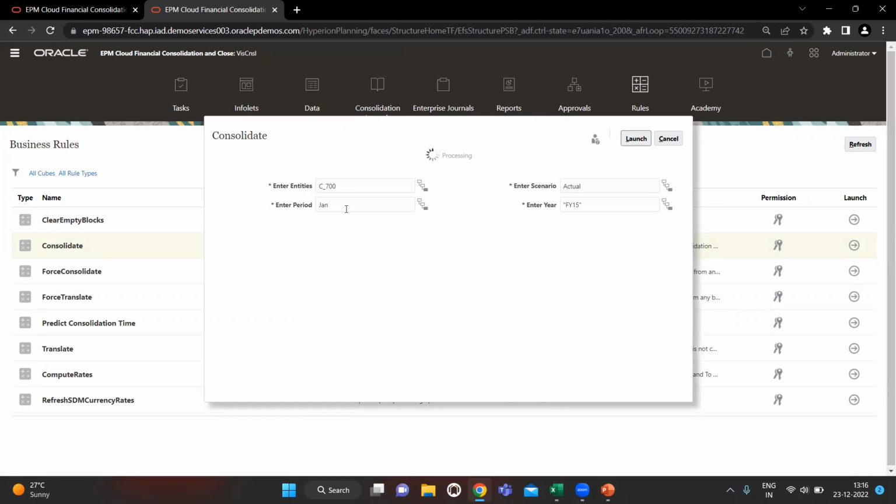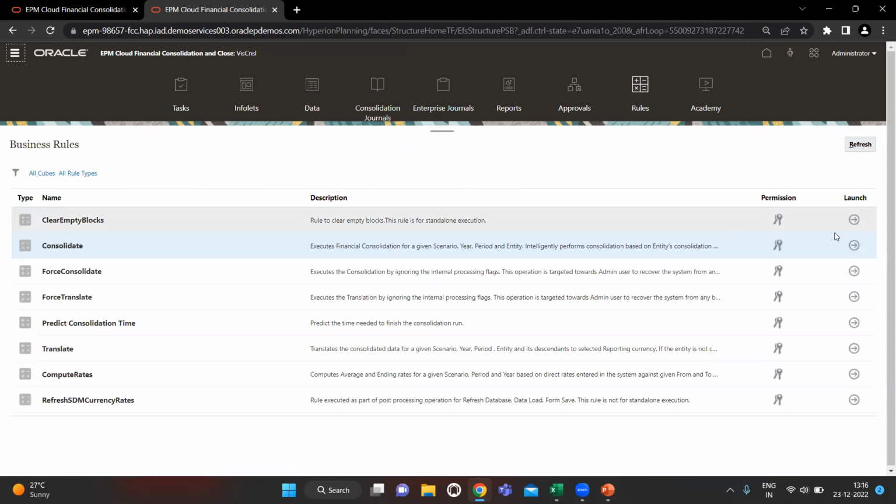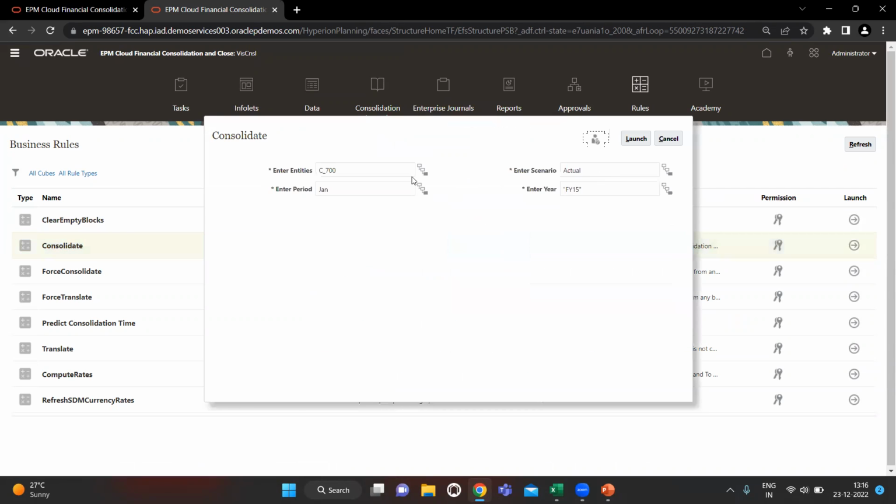Okay, I have to make it for the February period. Let it be, we will change this and put February in this. And scenario is actual. Year is financial year 15. Let's launch.